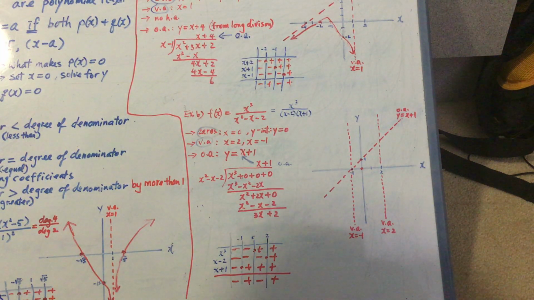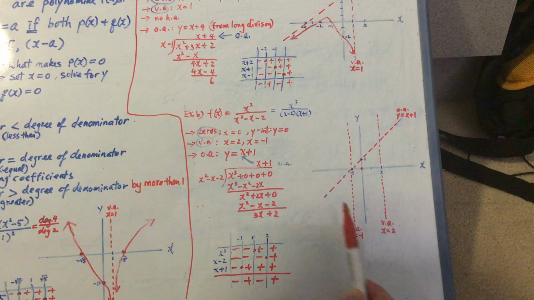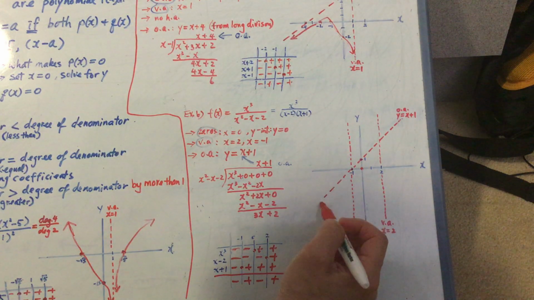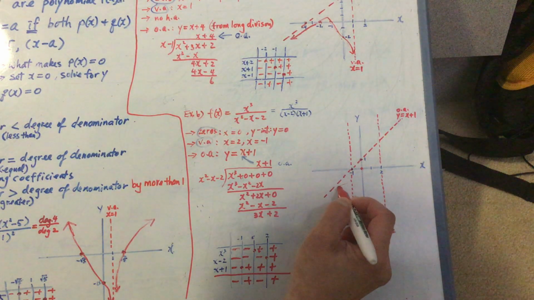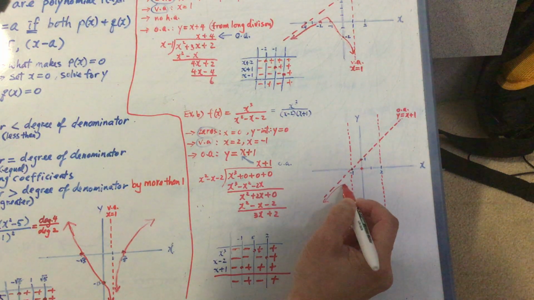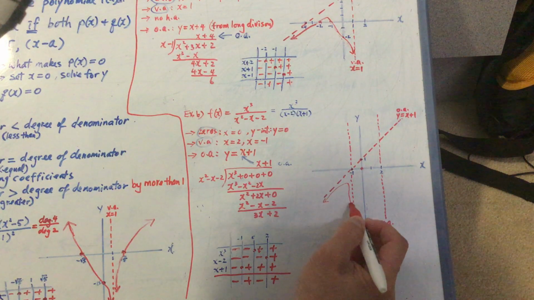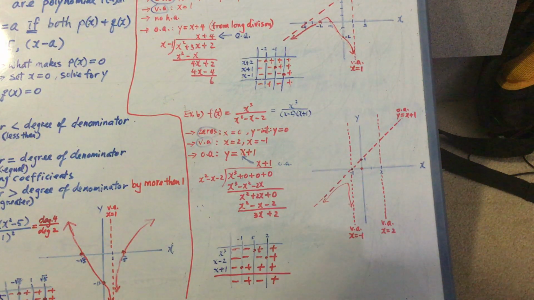Okay, so I know that anything that's less than -1, I should have a negative interval. So because of the oblique asymptotes and the vertical asymptotes, I know that my graph is going to be like this. One tail is approaching the vertical asymptote, the other tail is approaching the oblique asymptote like this.